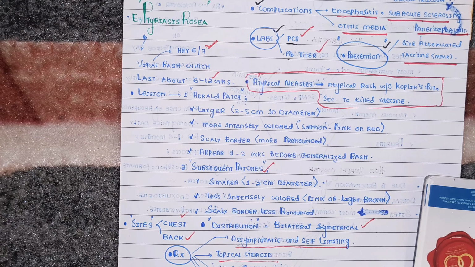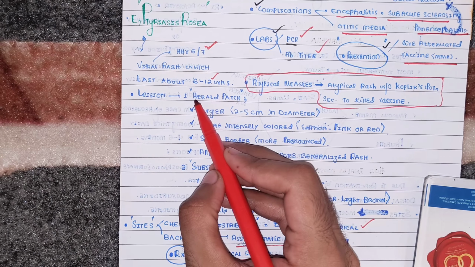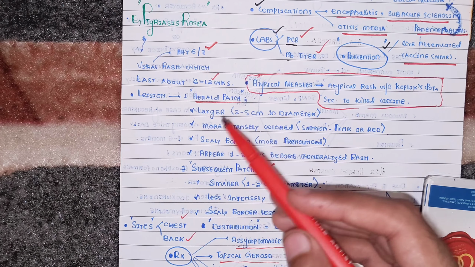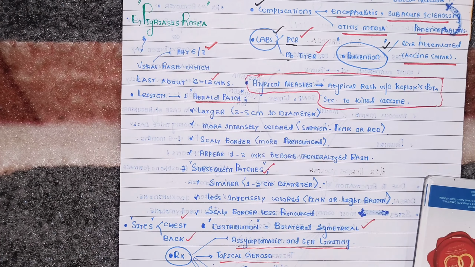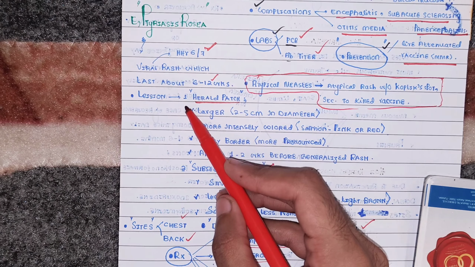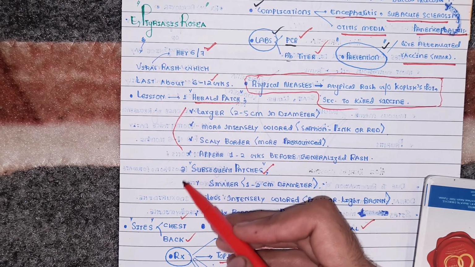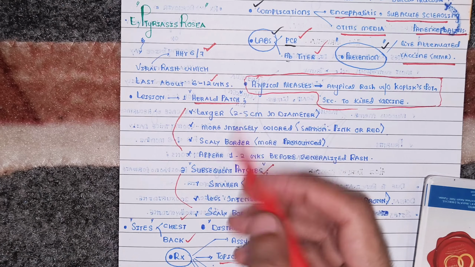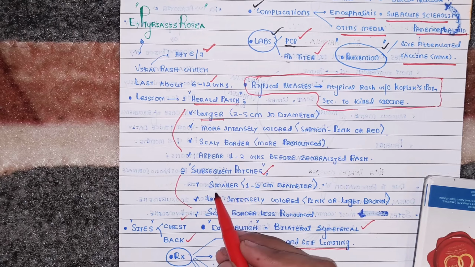Okay, if this virus has infected you, what occurs on the skin? Number one, a patch called the herald patch appears on your skin. Then subsequent patches appear. There is a little difference between the herald patch, which appears first, and the subsequent patches, which appear after it. Herald patches are a little larger, while subsequent patches are smaller.